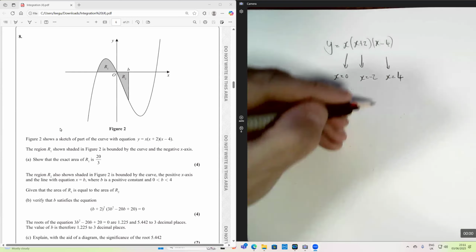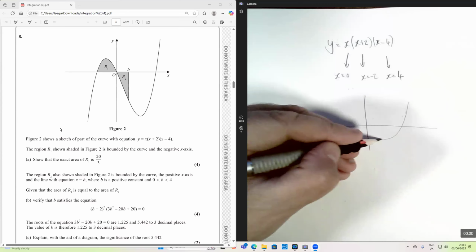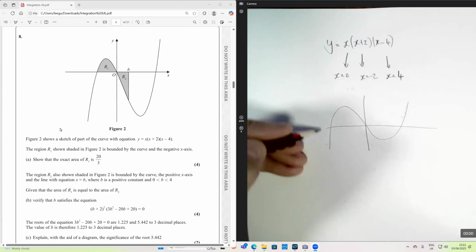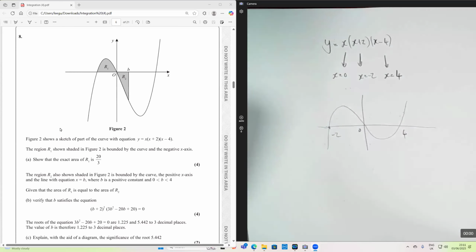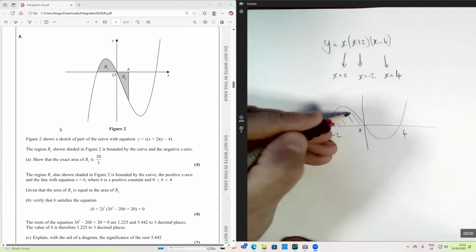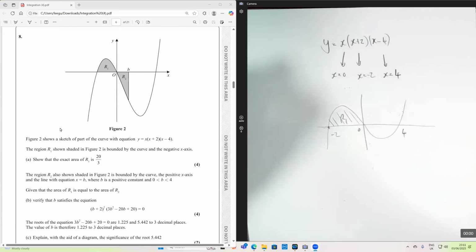And we can see from our graph, let's just mark those on. So here's our cubic, and this one here is minus 2, that is 0, and that is 4. The significance of this is that in order to find our region R1, we need to integrate between minus 2 and 0.